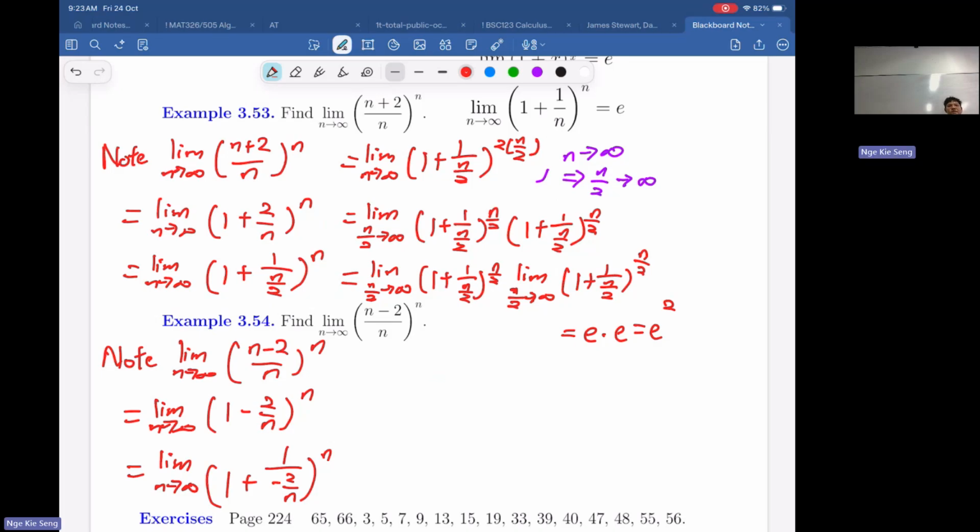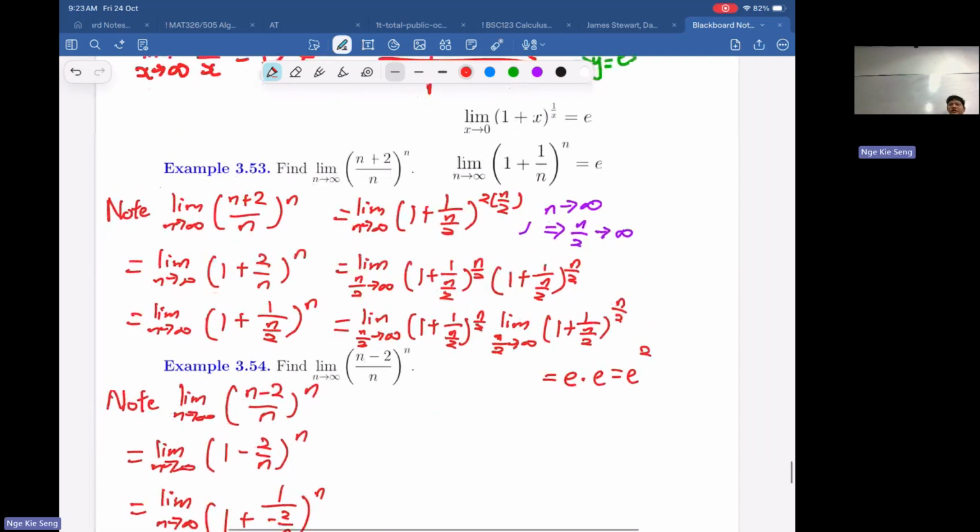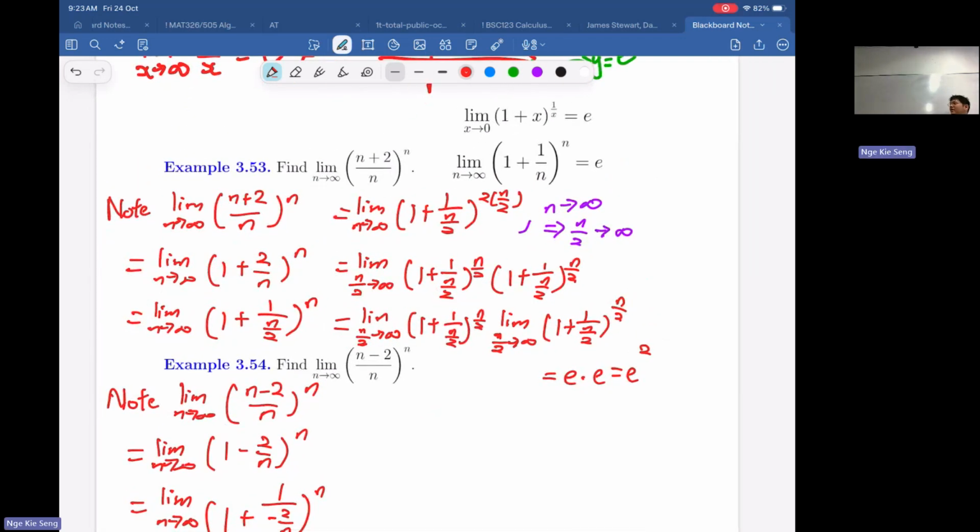So what's the other way we can try? There's another formula to use, right? If you know that something goes to 0 and then the power goes to infinity.